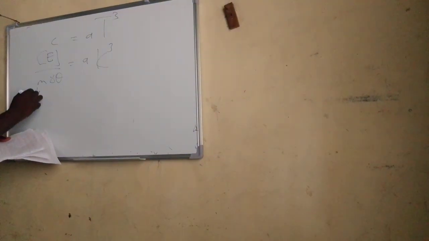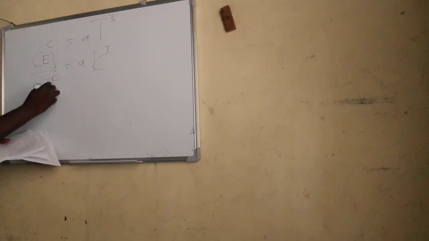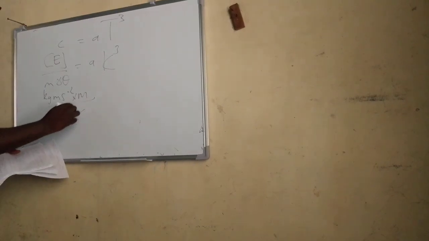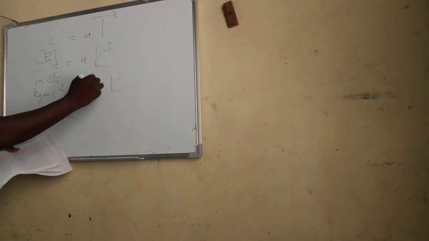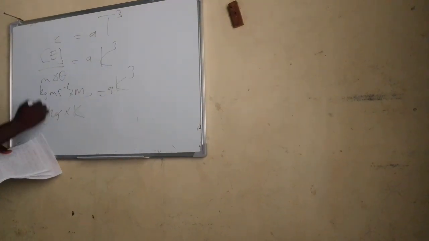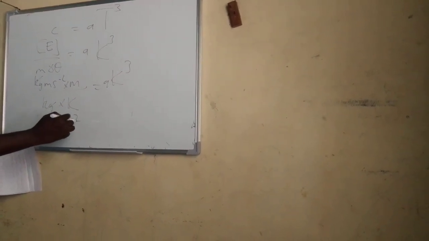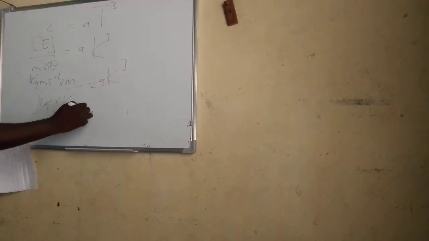So kg meter squared per second squared times over kg times kelvin is equal to A K cubed. So we cancel there, we get meter squared per second squared per kelvin, which is A K to the power 3. So if you divide by K to the power 3 there, you get your A as meter squared per second squared per kelvin to the power 4.